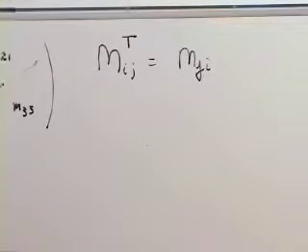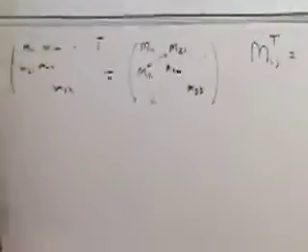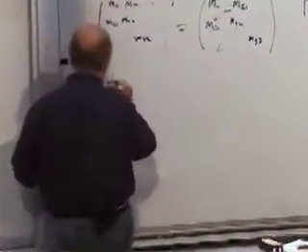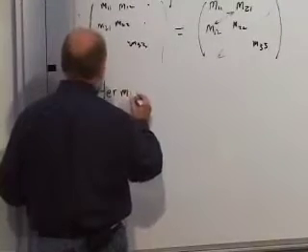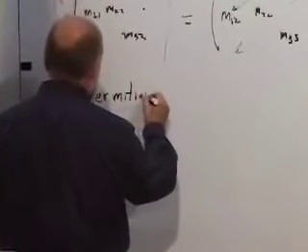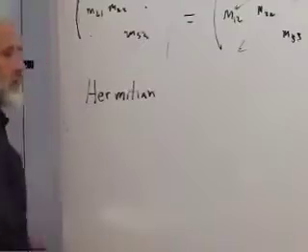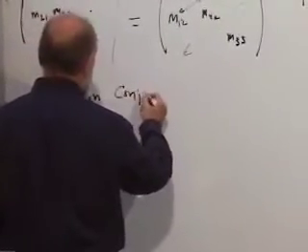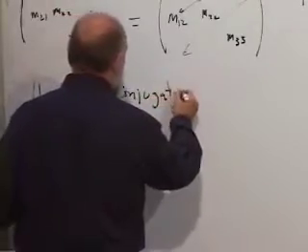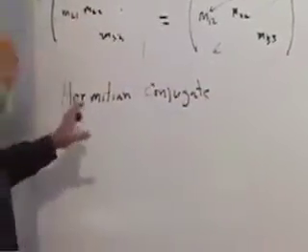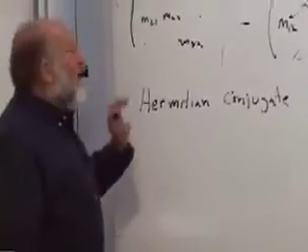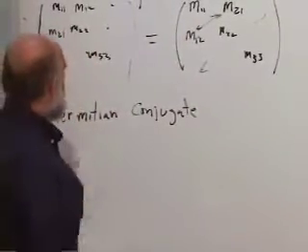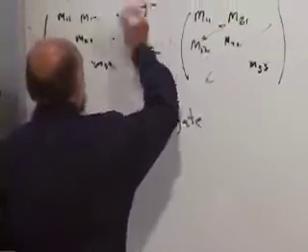The next concept is the Hermitian conjugate. It's a kind of complex conjugation, but complex conjugation for matrices. It involves two operations. The first is to transpose and then to complex conjugate. It's represented by a dagger.